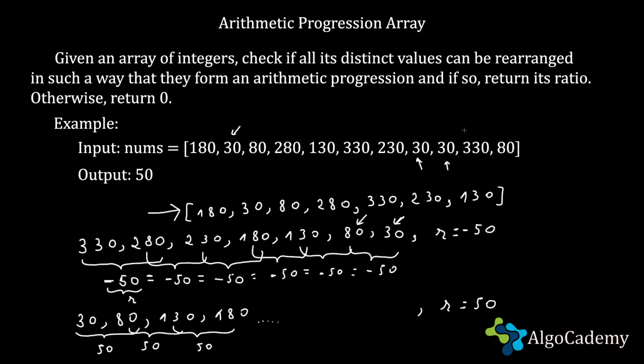We basically got what we need. All we have to do afterwards is traverse the array and check if all the differences of two consecutive values are equal. And if so, we return that difference, and otherwise we return 0, and that's it. Let's see how the code looks, and then analyze the time complexity of the approach.